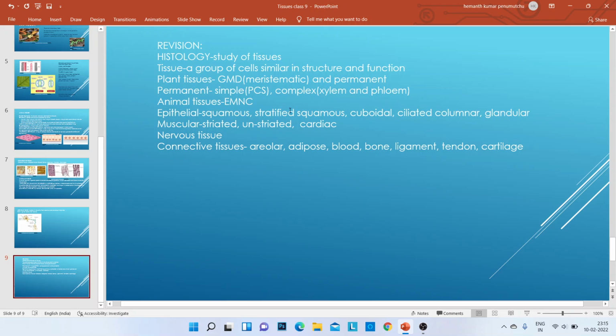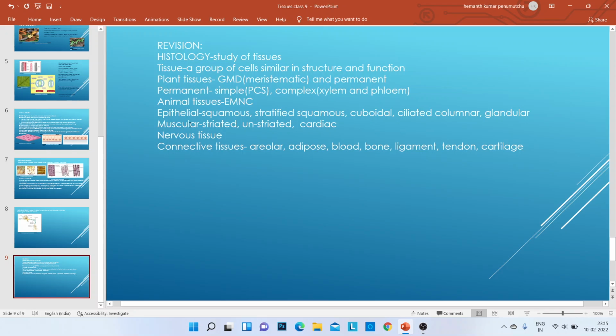Stratified squamous is many layers of squamous. Cuboidal is cube shaped. Columnar means pillar like, and ciliated means having cilia, like the lining of the stomach. And glandular is like salivary glands.